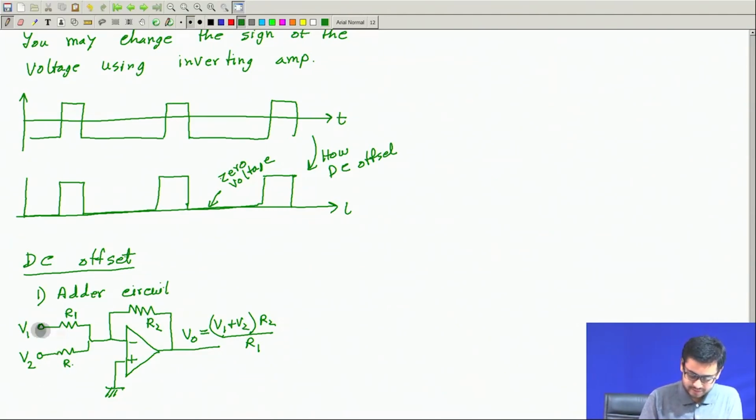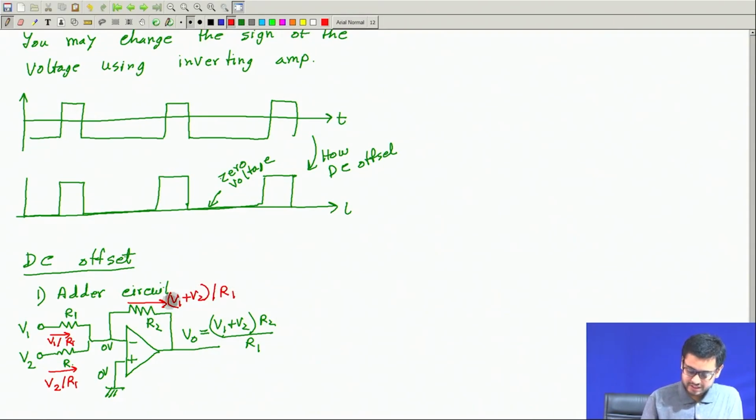This point is at 0 volt. Due to virtual shorting, this will also remain at 0 volt. So, this current is V1 by R1, and this current is V2 by R1. Therefore, the total current here will be V1 plus V2, whole divided by R1.